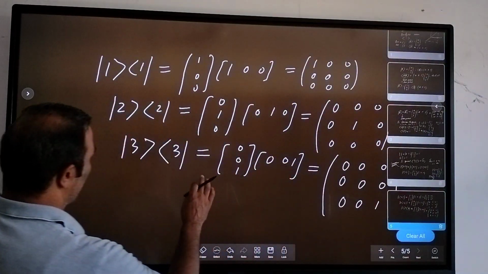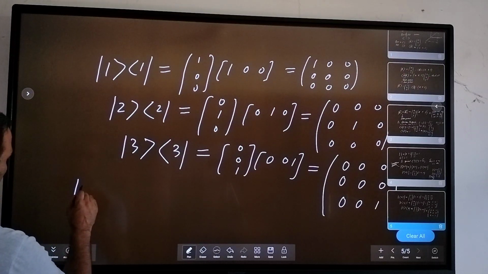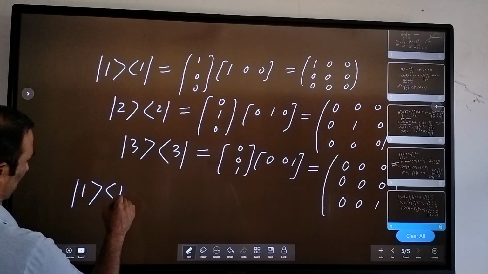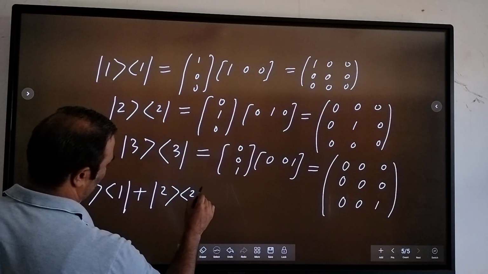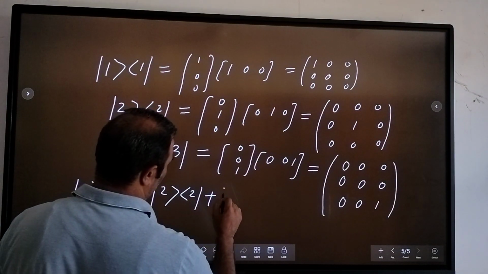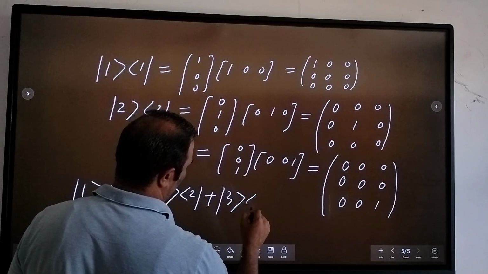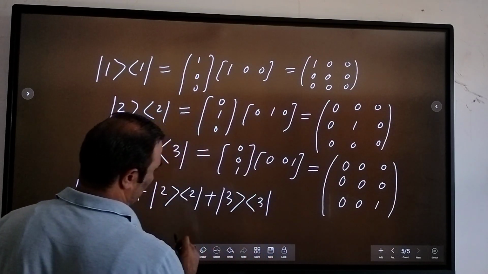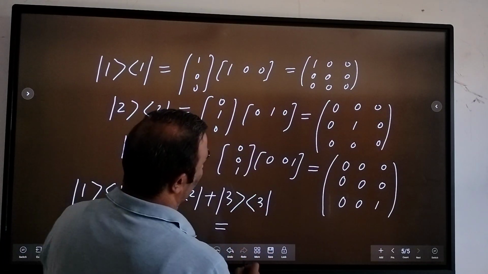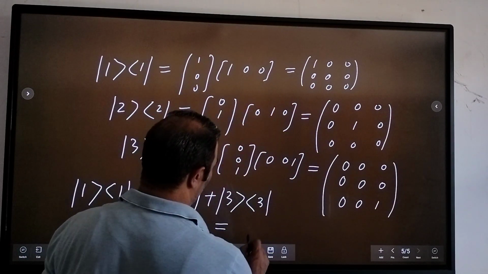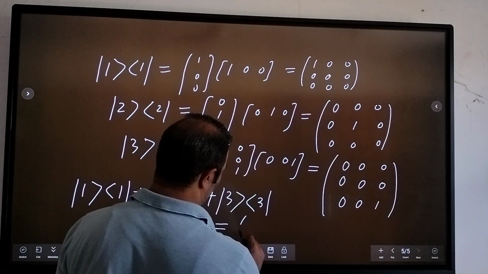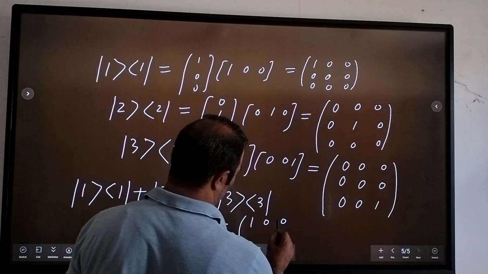So when you take the addition, so when you add them up, you can get here 100.